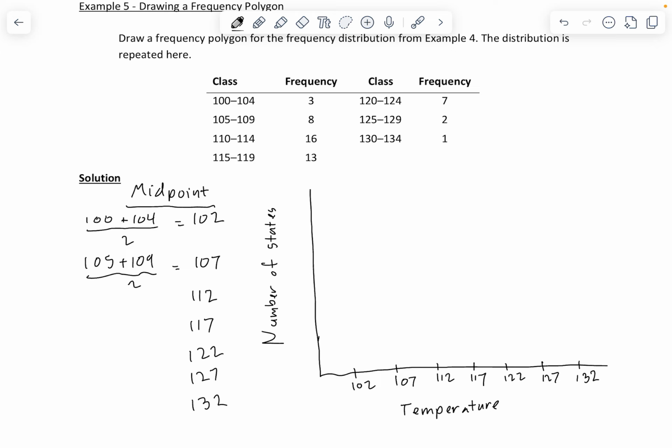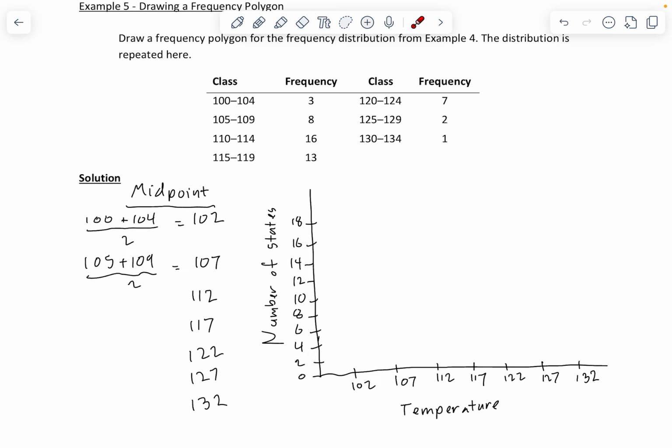And I'll scale the vertical axis the same as I did for the previous example. I'll start at 0 and go in increments of 2: 2, 4, 6, 8, 10, 12, 14, 16, 18, and so on. And then, kind of like plotting ordered pairs, I want to plot a point corresponding to each frequency value and midpoint, right?